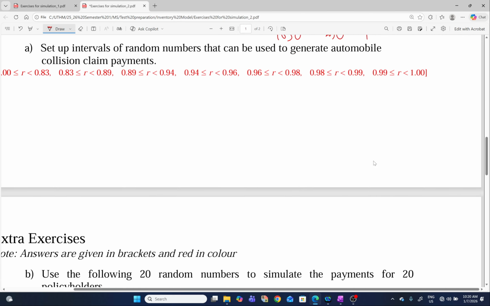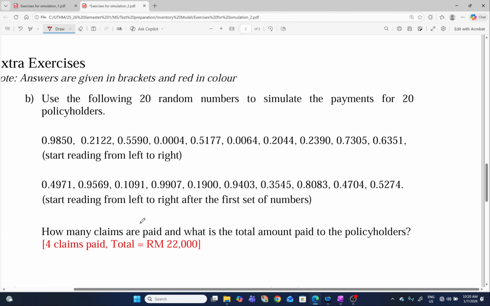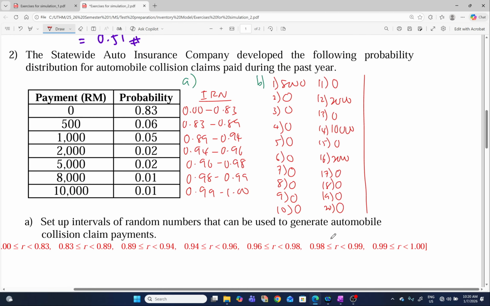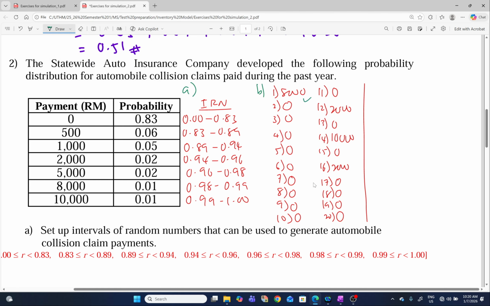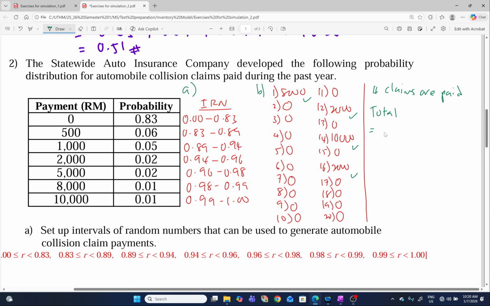The next question is, how many claims are paid and what is the total amount paid for the policies? How many claims are there? Claims dekat sini 1, 2, 3, 4. 4 claims are paid. Total is... kejap ah.